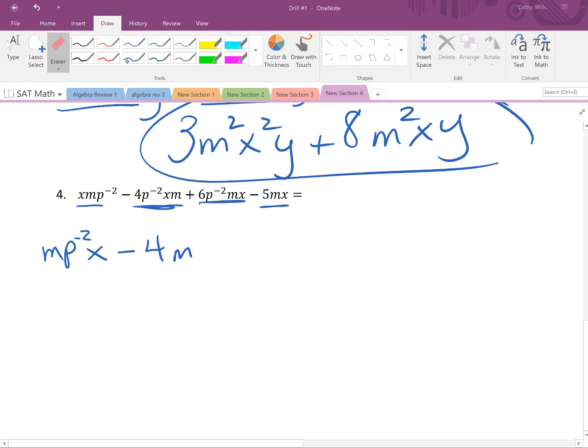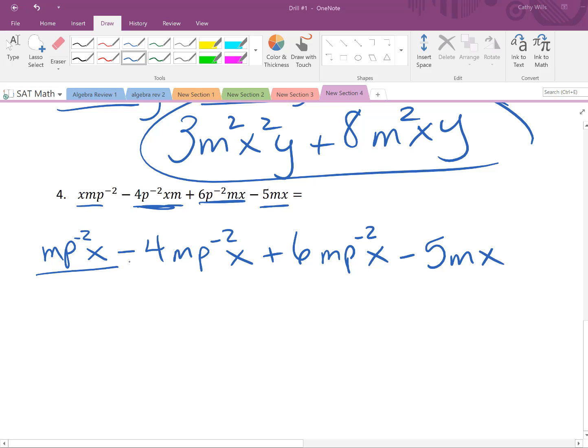So 4m p to the negative 2x plus 6m p to the negative 2x minus 5mx. You can see that these first three terms all have m p to the negative 2x, so they are like terms.